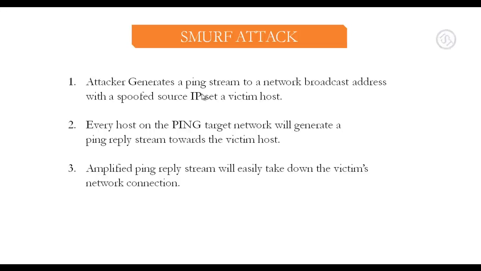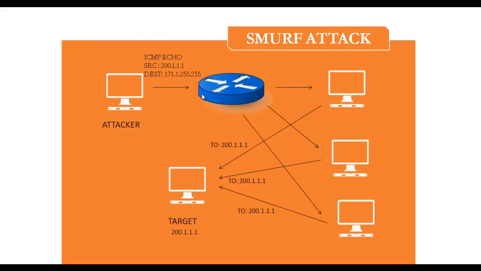Now let us have a pictorial representation of the same Smurf attack. Here an attacker is sending an ICMP request to the network's broadcast address, which is 171.1.255.255, of a router.